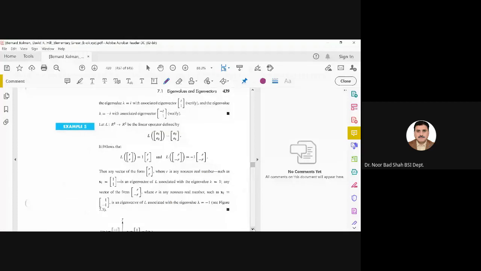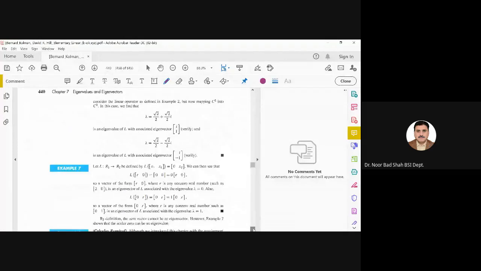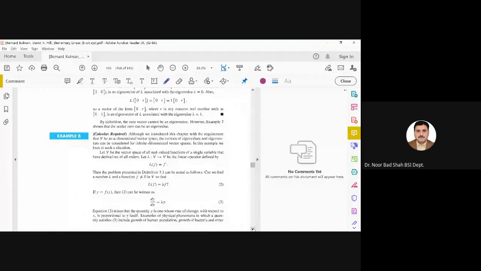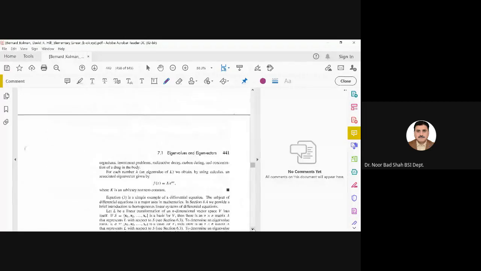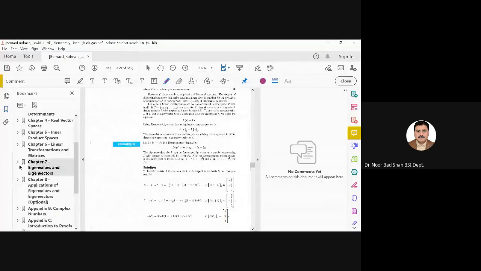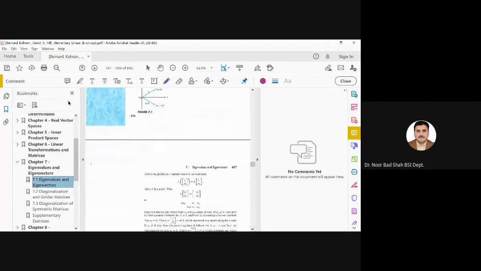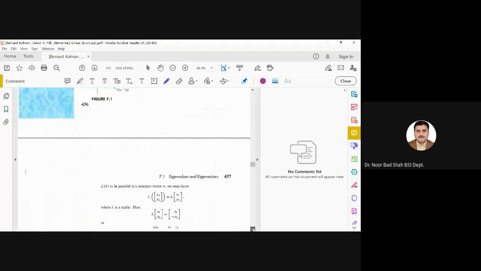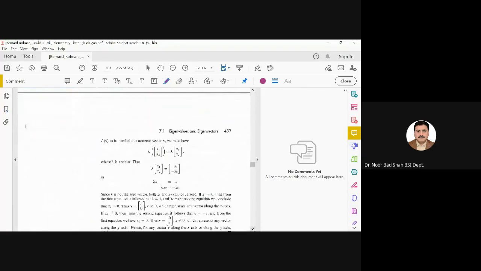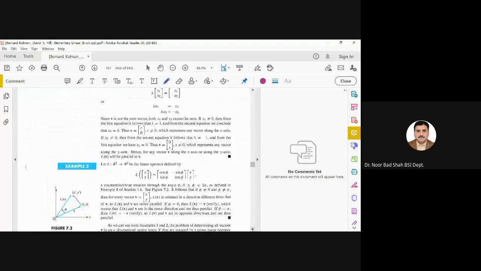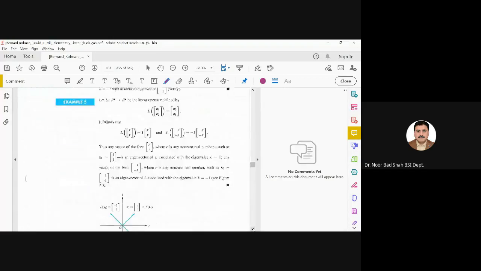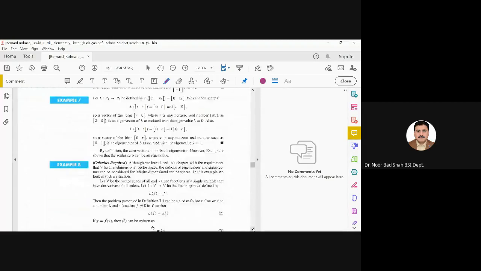We don't talk about this transformation. I don't know why they're talking about these things. These are transformations. We discuss eigenvalues and eigenvectors for a matrix.